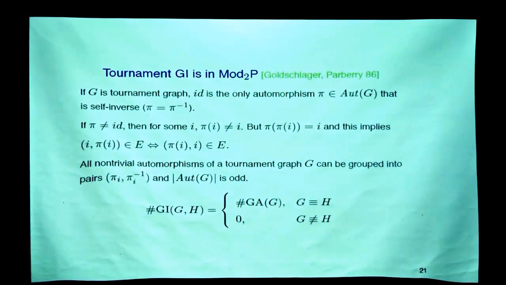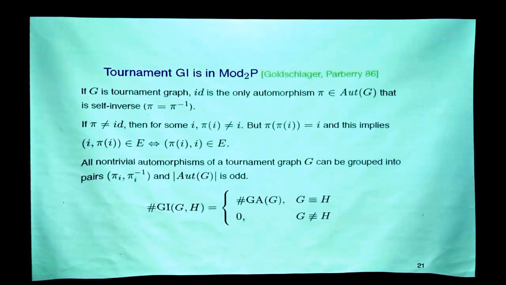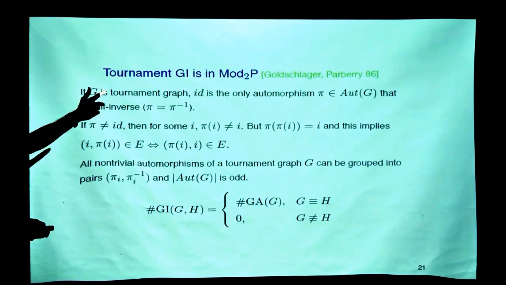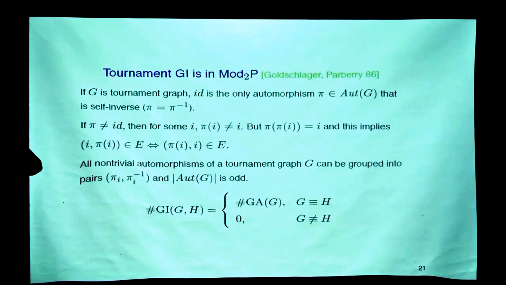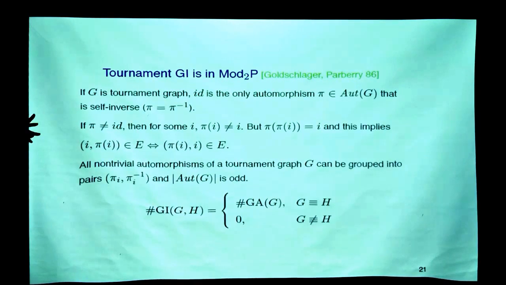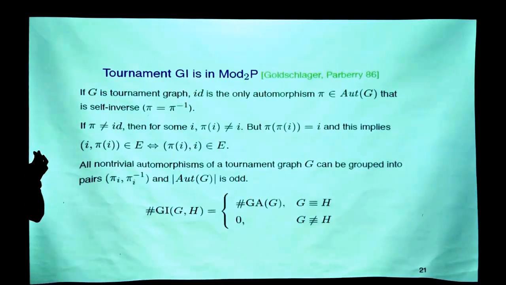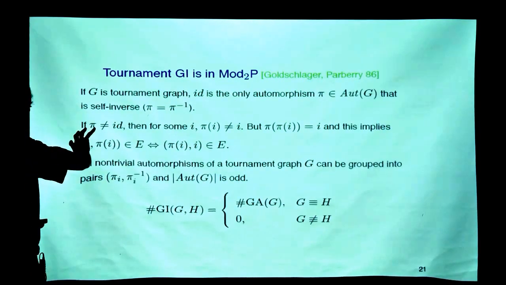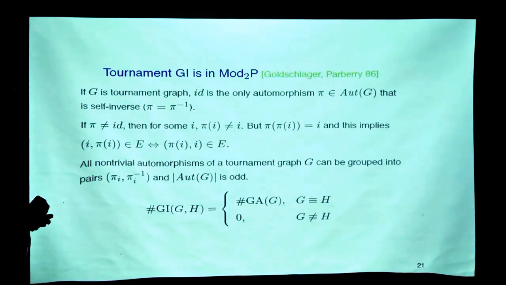which I like, of tournament graphs. And here is a nice result classifying an isomorphism problem in this class parity P. So we have a tournament graph. This is a clique, but with the edges directed. And we ask what the automorphism group of this graph is.